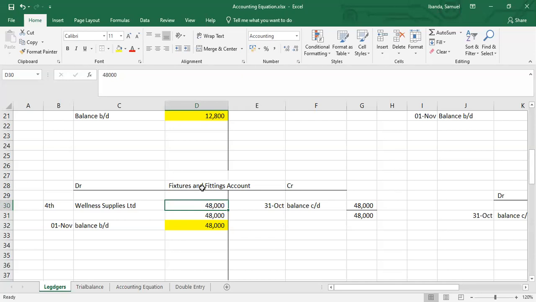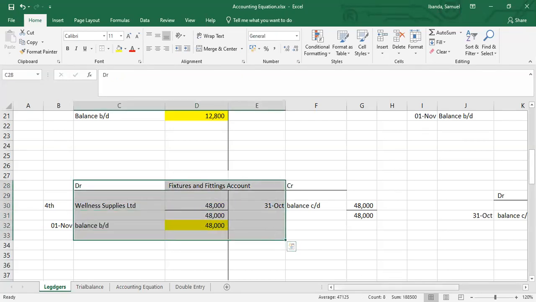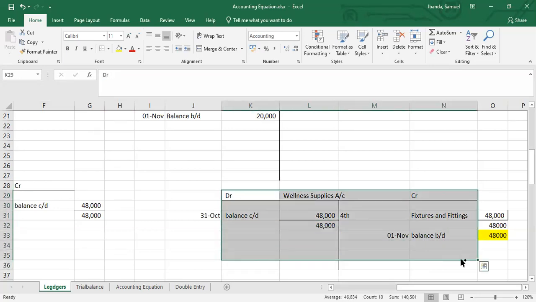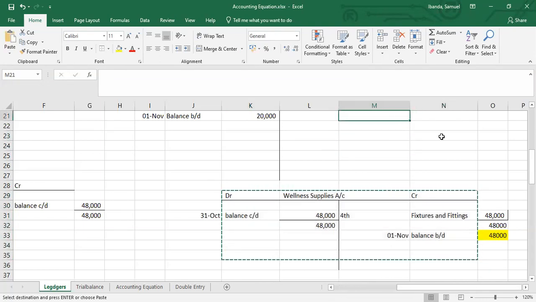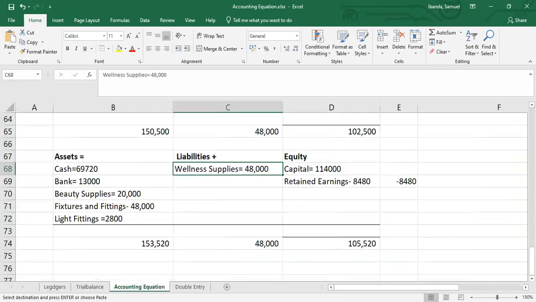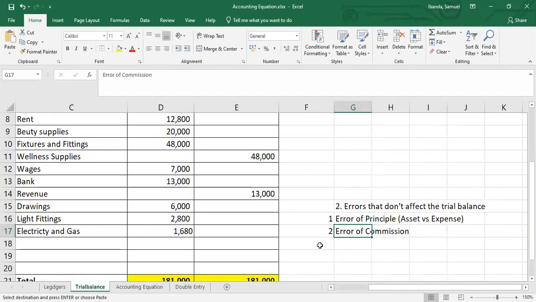You put the 48,000 here in the fixtures and fittings account. But when you come to the other side, you might have another account called Wellness Industries. So you put it under Wellness Industries, but on the credit side. Now, when you make such an error, it will not be detected by the trial balance. You get it? So it's good for you to know that.